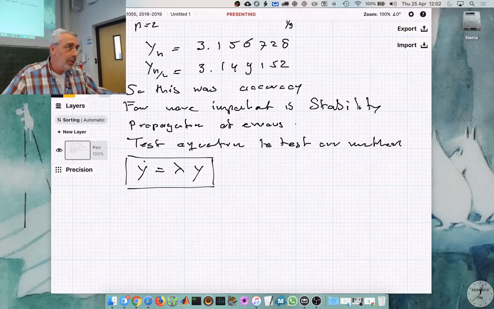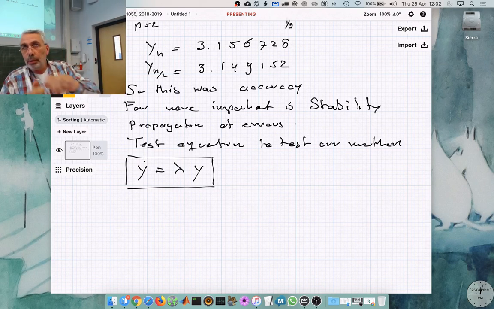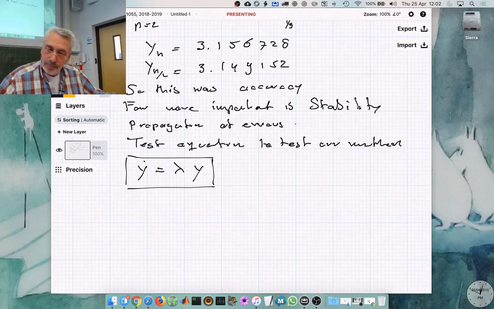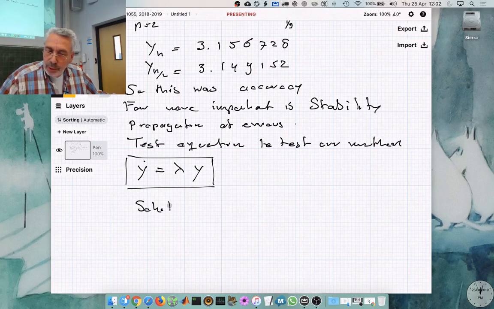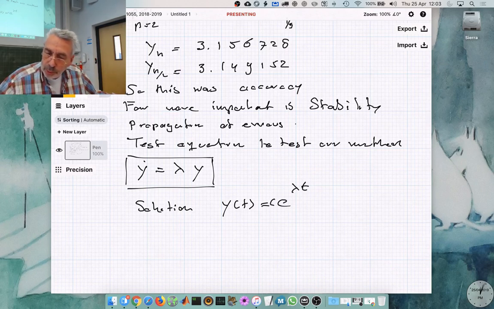Do we know the solution for this test equation? Yeah, you looked into your lookup table and you found? Everybody knows that the solution is y of t is e to the power lambda t, and then maybe even times some constant c.